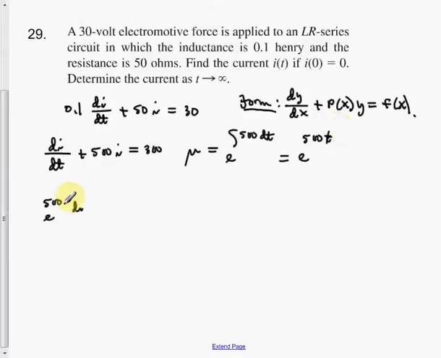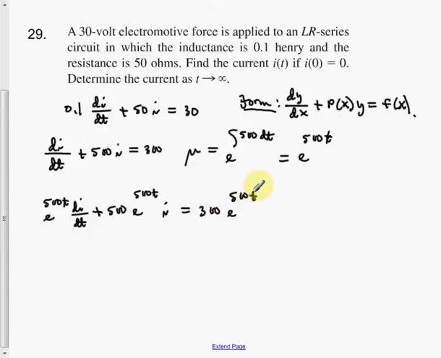Okay, 500t. This is di/dt plus 500 times e to the 500t times I is equal to 300 times e to the 500t.